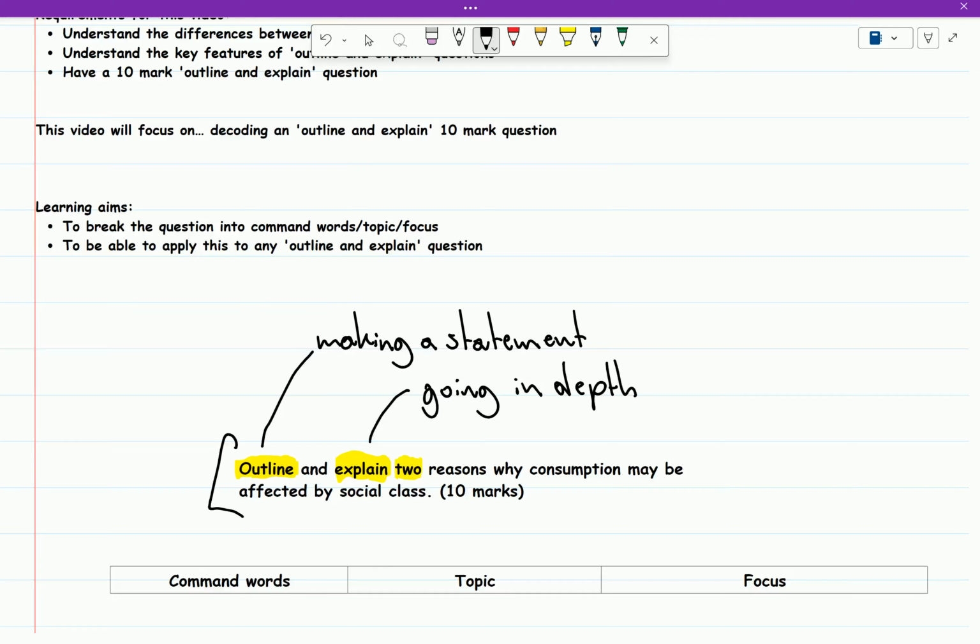And just to bring you back to one of the key features about the outline and explain question is it's assessing you on your ability to go in depth, your knowledge. So this makes complete sense.